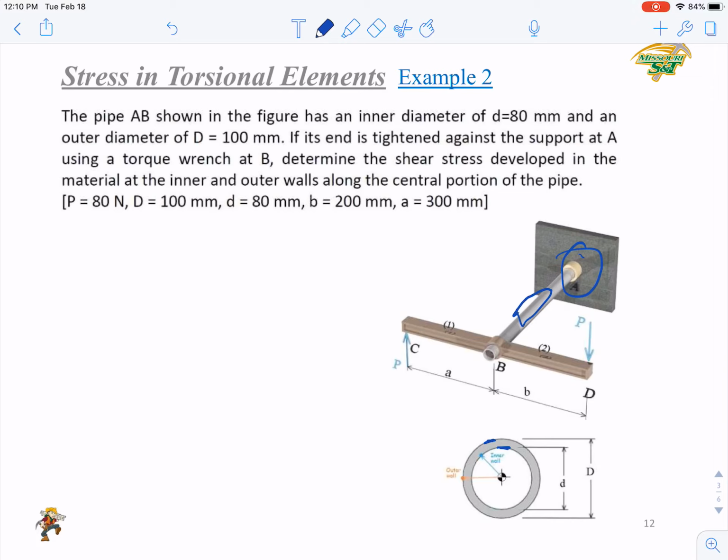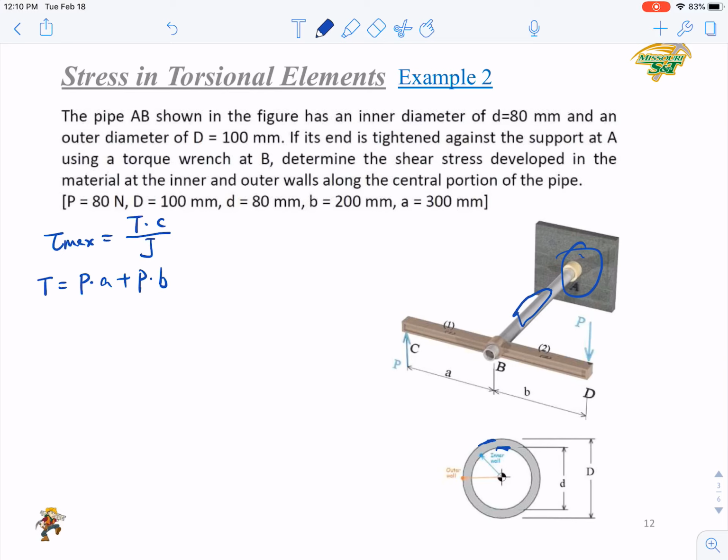But no matter how, you will need to calculate the shear stress. Actually, it's the maximum shear stress at this edge and this edge. So our equation will be tau max equals TC over J. Our T in this case can be calculated as P times A plus P times B. In this case, your A and B are different.